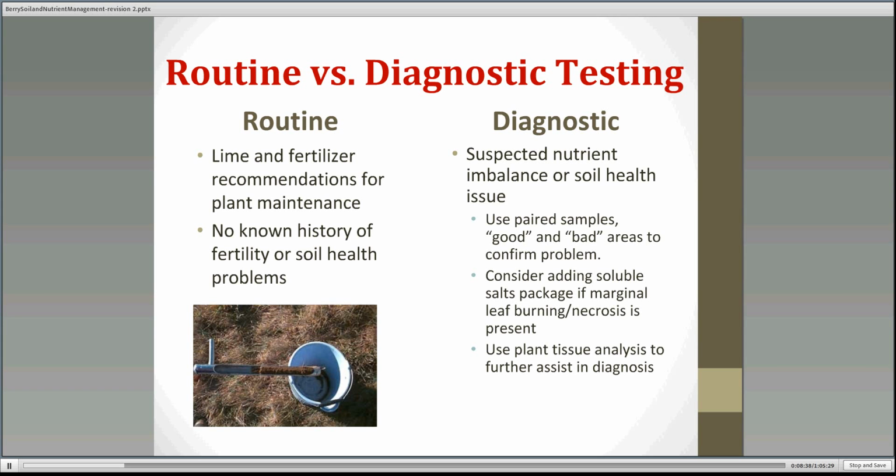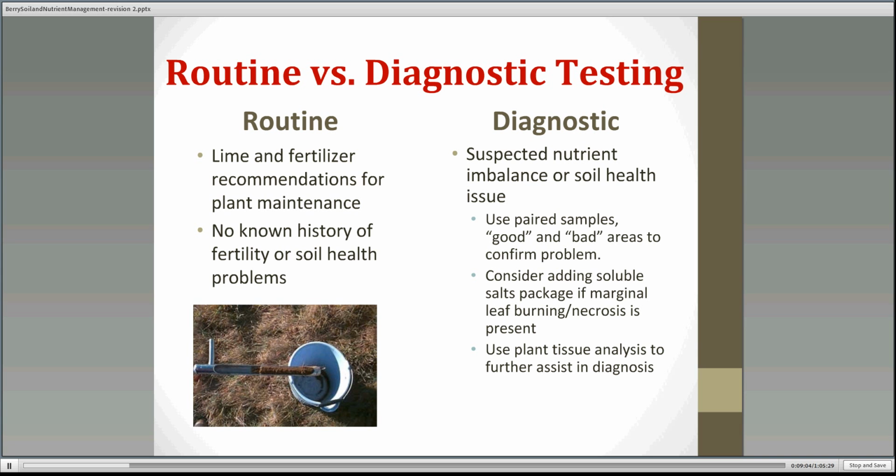There's definitely a chance to use soil testing and foliar analysis to do diagnostic work when plants are not doing as well as you think they should. It's just one piece of the information that you can use to help come up with answers for local growers to actually identify what the problem is on the site.